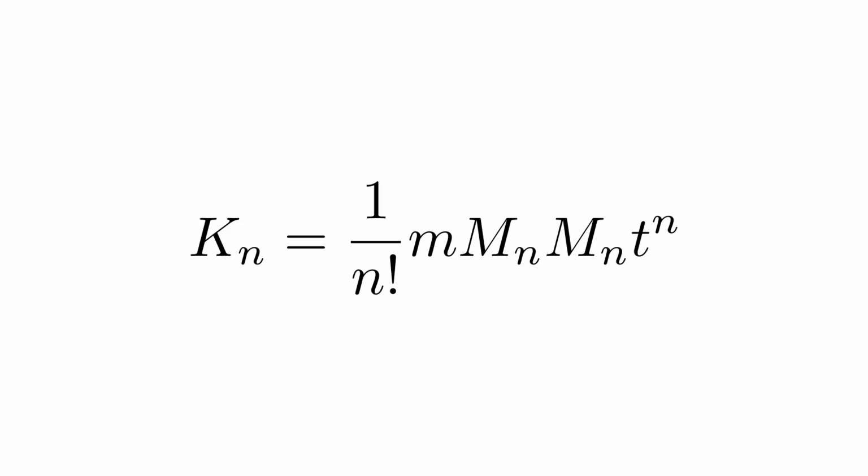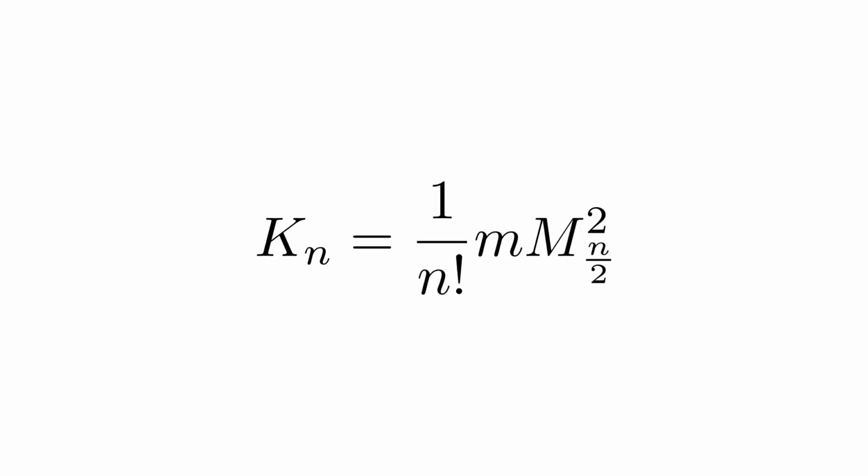Now, we can combine and distribute the time to the nth term into the motion of order n terms, which gives us energy of order n equals 1 over n factorial times mass times motion of order n divided by 2 squared, which gives the kinetic energy for a motion of order n divided by 2.